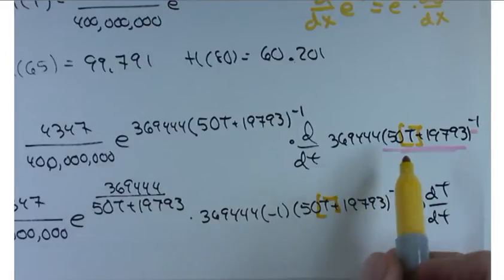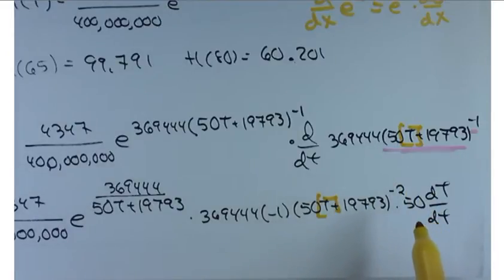So when you differentiate that, you're going to get a 50 dT by dt. Capital T is temperature, little t is time. That's the inside part. The outside part gave us the minus 1 here to the negative second power.